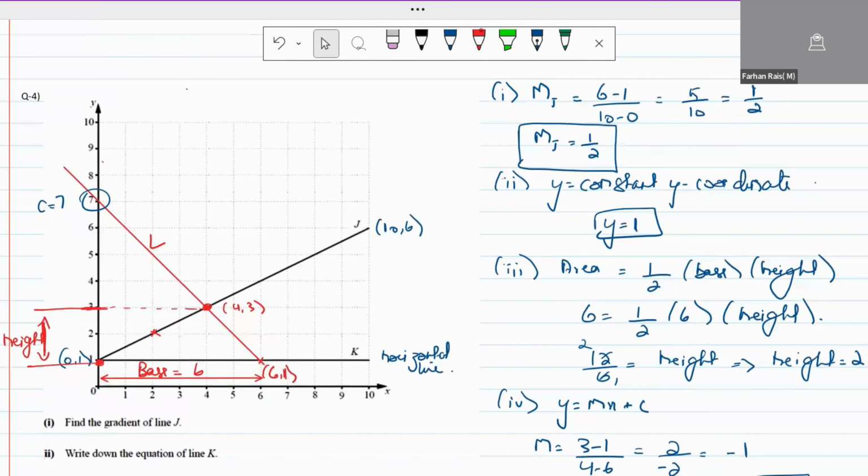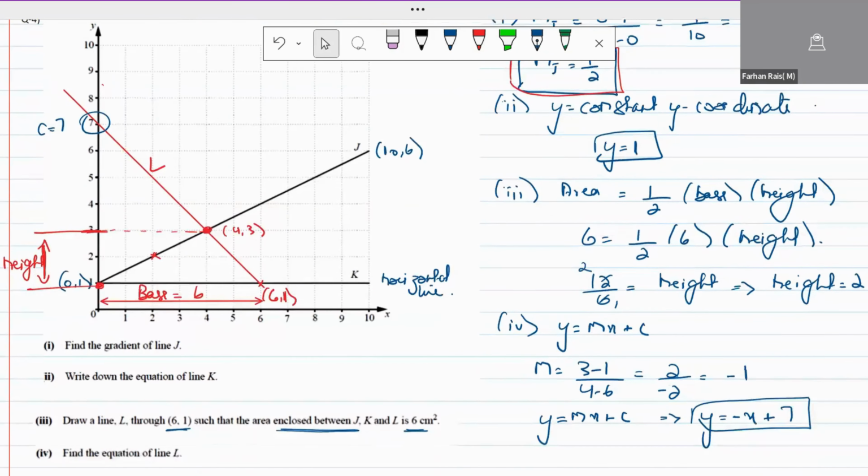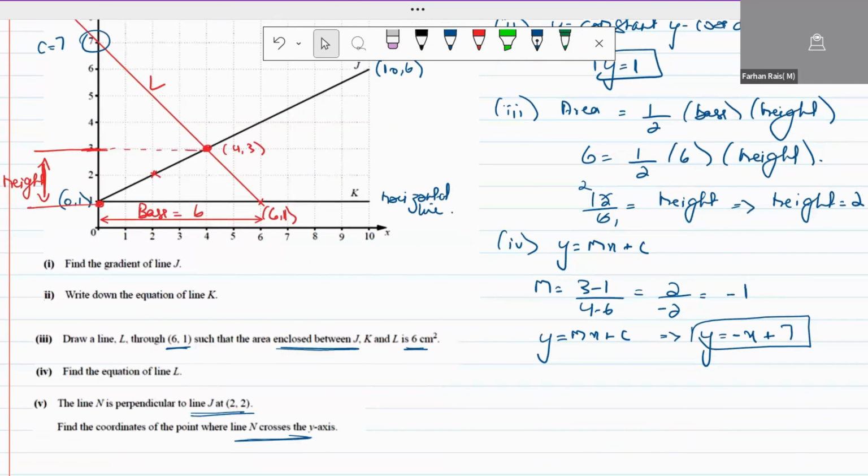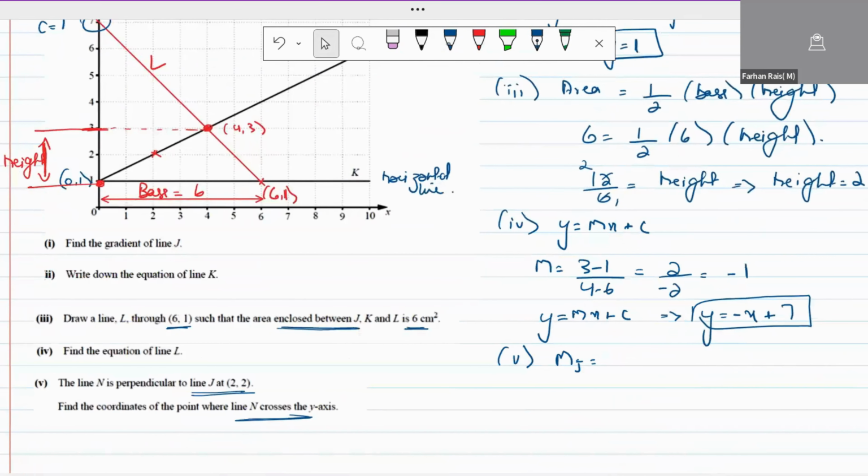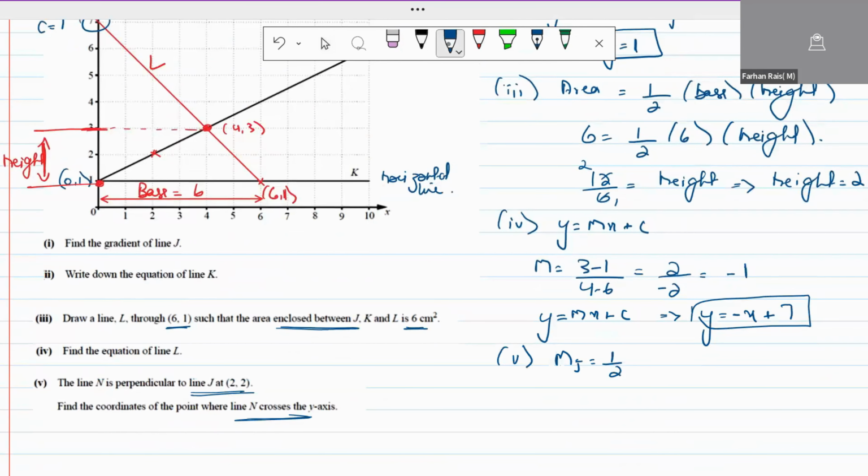Since line N is perpendicular to J, the gradient has to be the negative reciprocal. For the line J, the gradient was 1/2. So for the line N, the gradient would be the negative reciprocal, which would be -2.